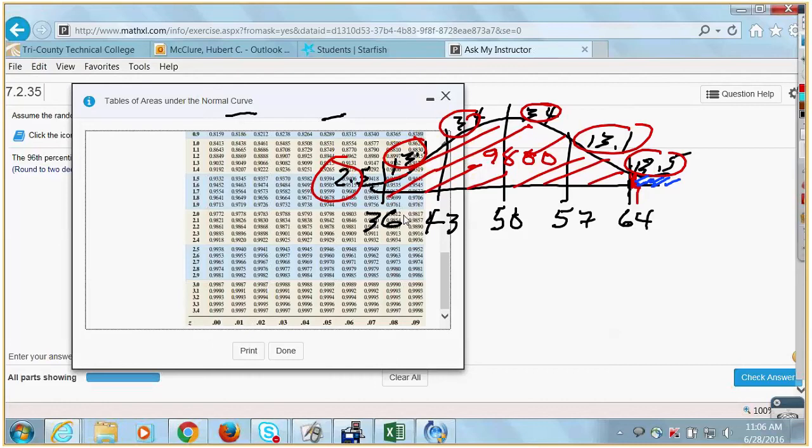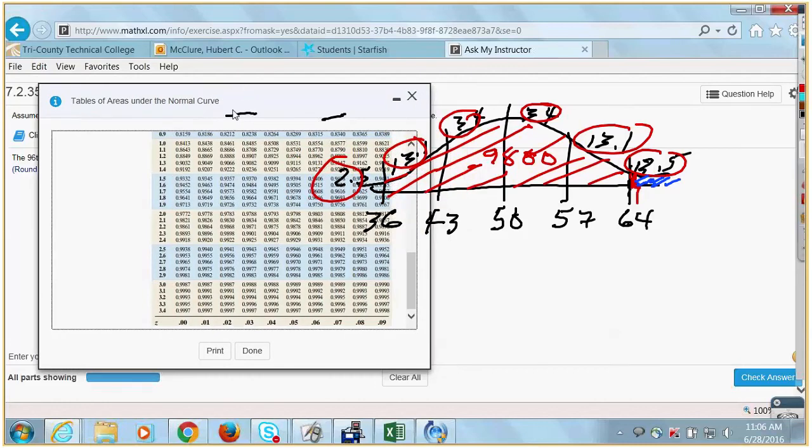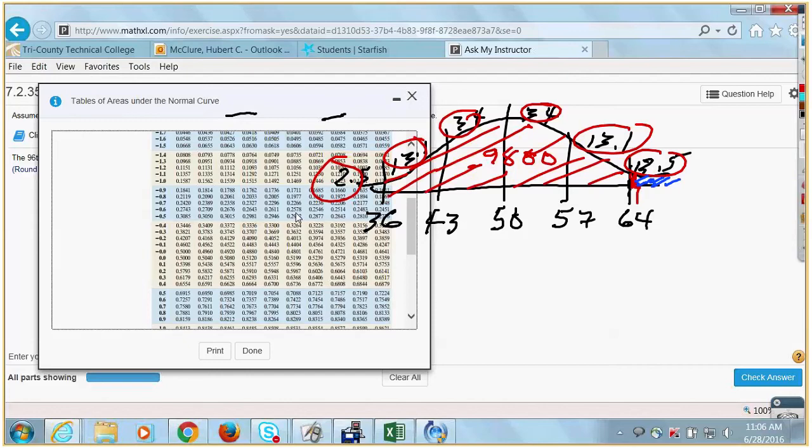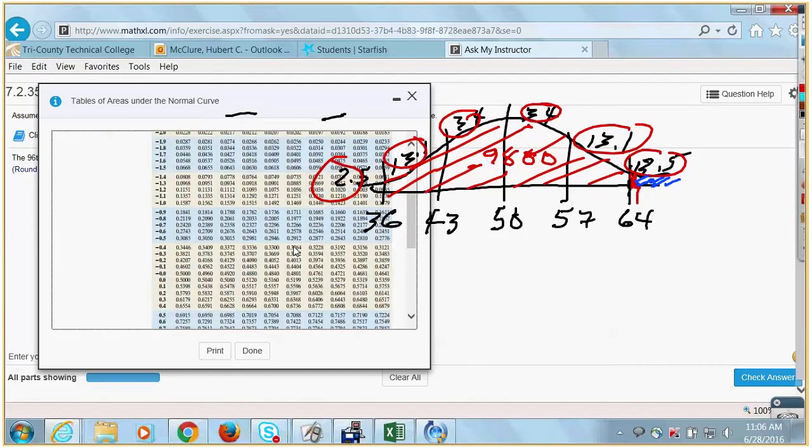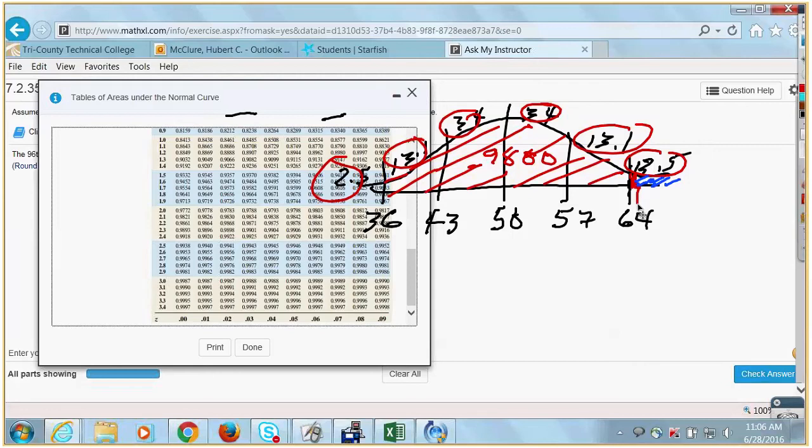Okay, what's closer to 98? Let's look and see. 9803 or 9798? Which one's closer? Well, this is 3 cents from 98 and this is 2 cents from 98. So that'd be 0, 1, 2, 3, 4, 5. 2.05 is your z. This red line right here is a z-score of 2.05.